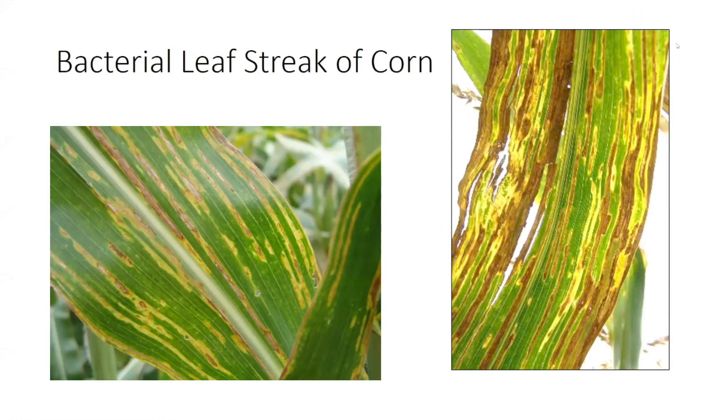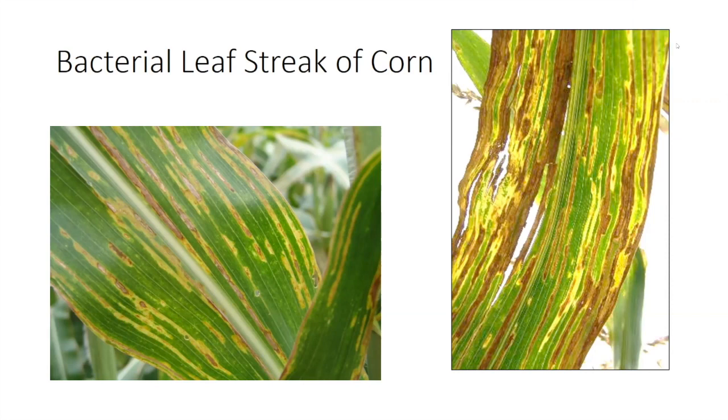But first we're going to talk about some corn diseases. One of the first ones is one that we probably spend the most time talking about. It's a relatively new disease in Nebraska. It was identified for the first time in the United States about four or five years ago, and we've been seeing it with increasing incidence throughout the state.